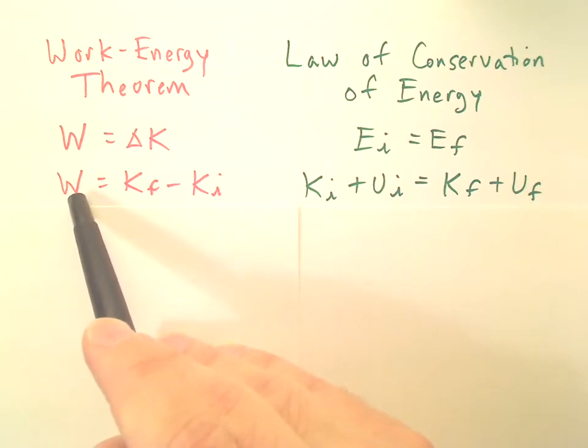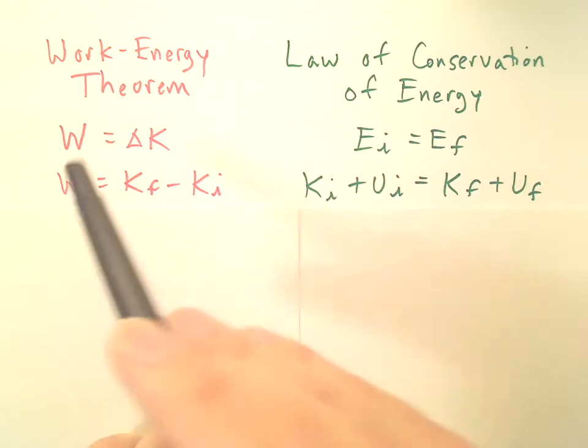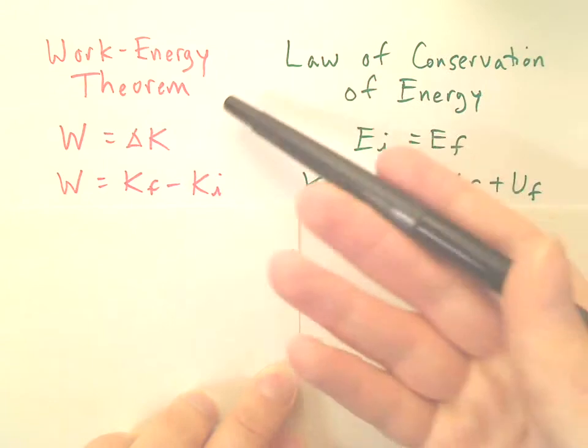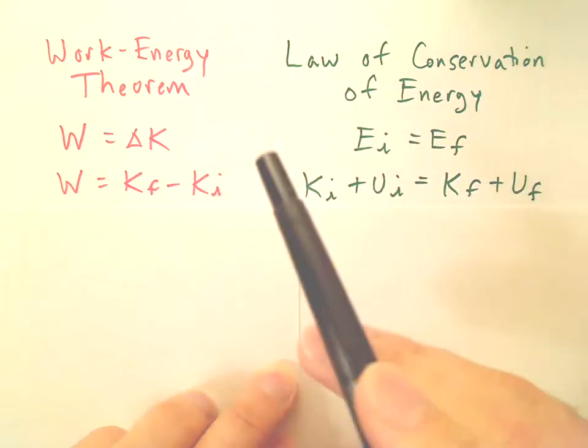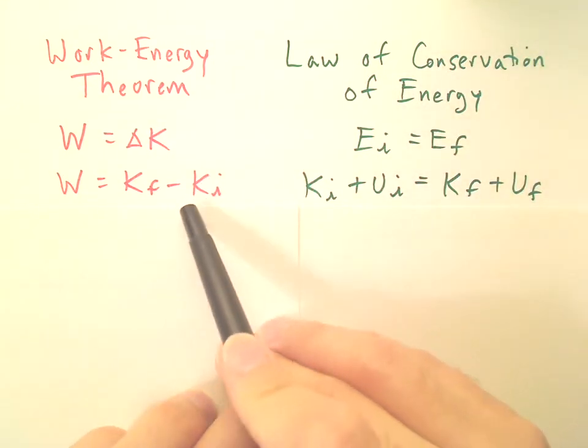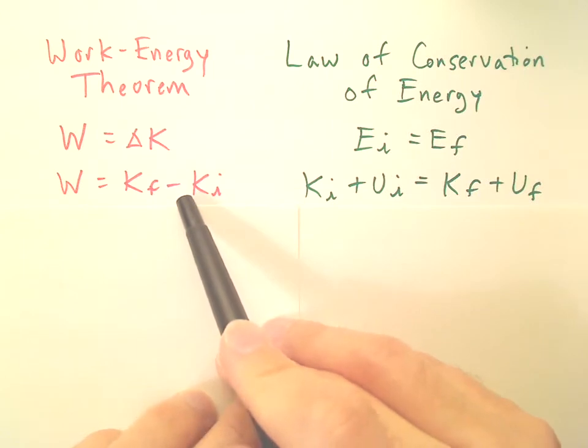People really don't like using work for that reason. We try to avoid using it if we can. Sometimes we can't, but I don't recommend using the work-energy theorem for this reason. I never use it. The only reason I think to use it is if your professor insists that you use it and tells you to use it to solve a particular problem.